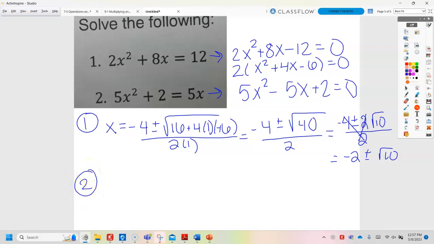And then number 2, same idea. There are no factors of 10 that will sum to negative 5. So we use the quadratic formula.